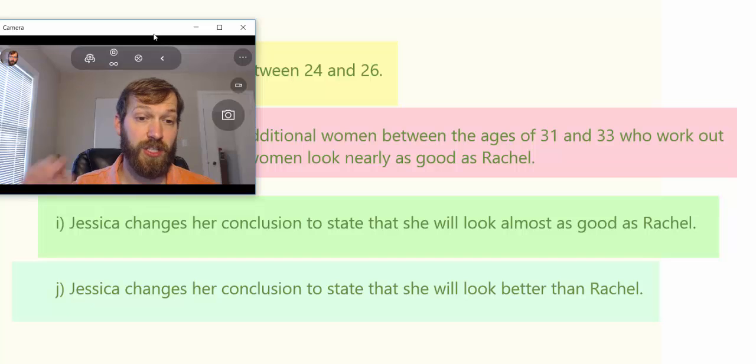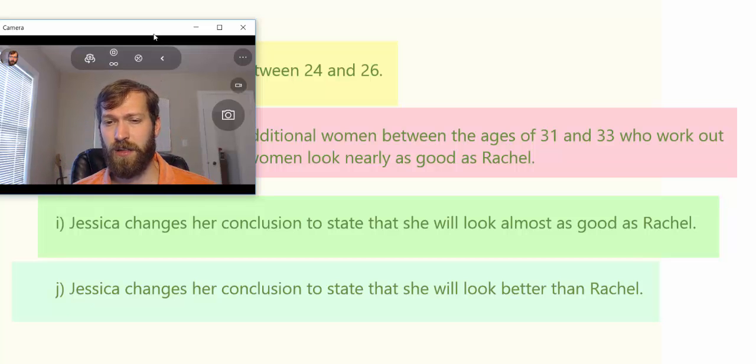Suppose the conclusion gets altered a little bit, and Jessica changes her conclusion to say that she will look almost as good as Rachel. Well, that strengthens the argument because it's an easier goal to attain, and so it's more probable that we'll attain it than saying that you're going to duplicate.